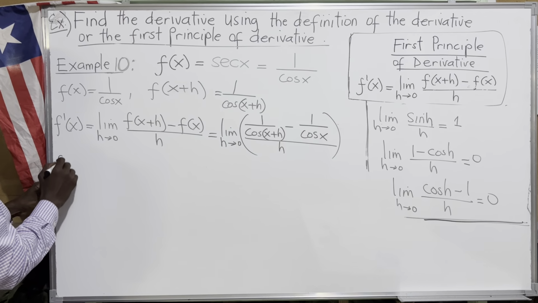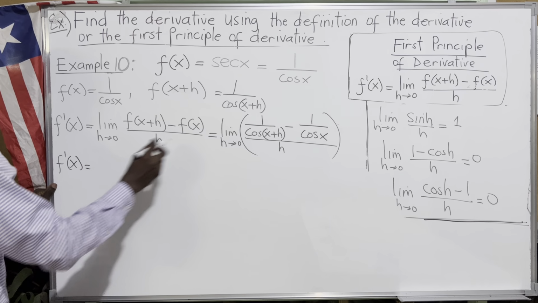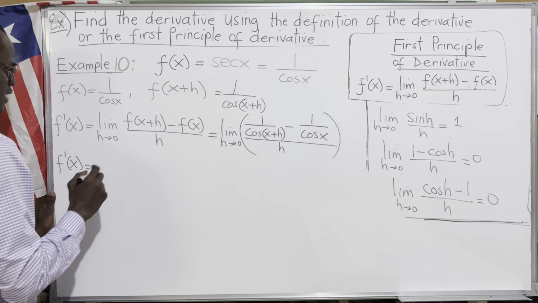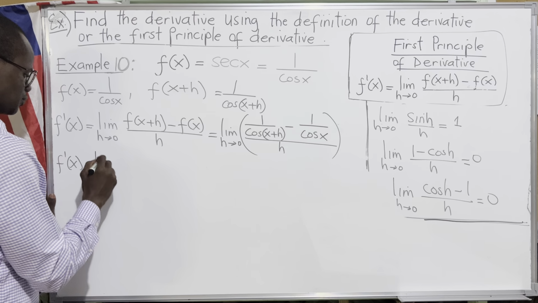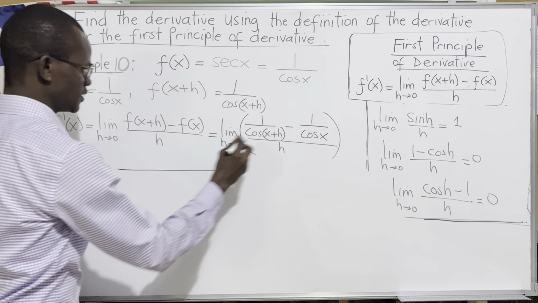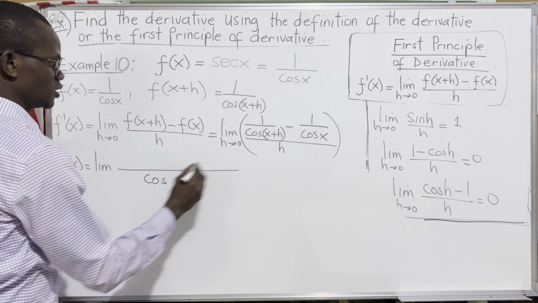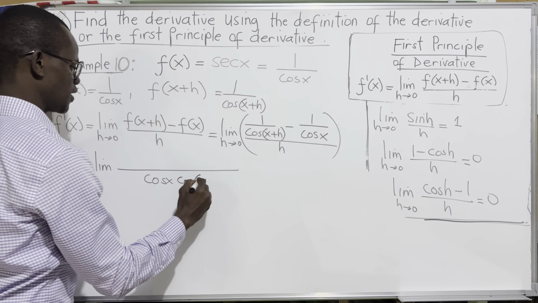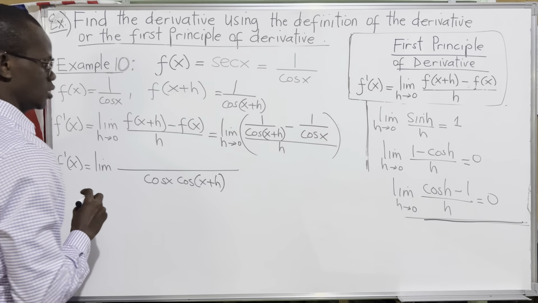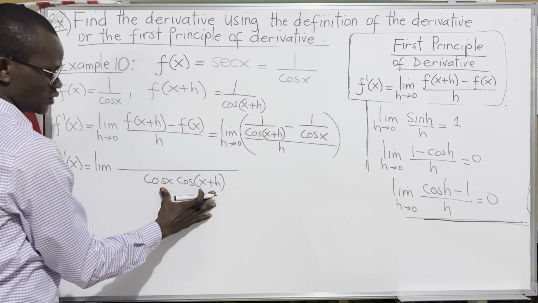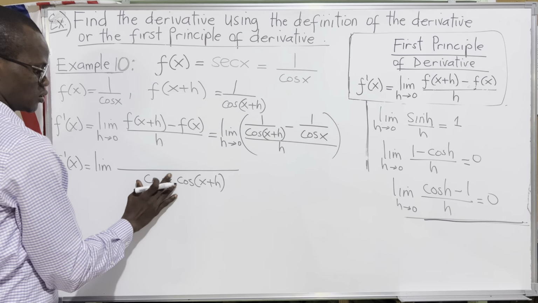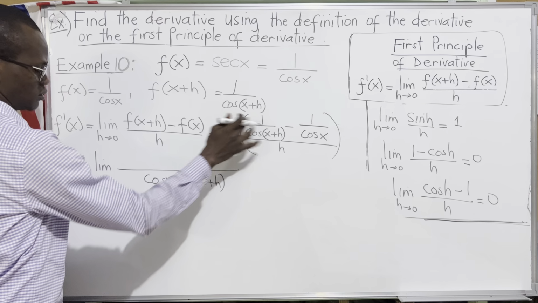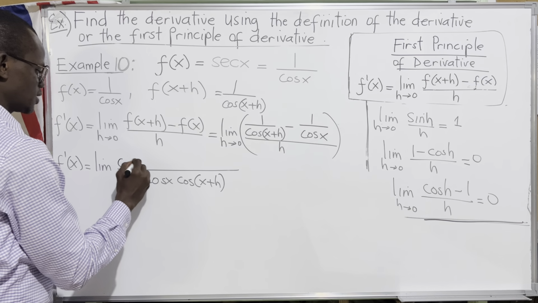So for f prime of x, we take the numerator expression and simplify it. We find the LCD, which is just the product of the two denominators, cos of x times cos of x plus h. So cos of x plus h into this one is just cos of x. You multiply it by 1, you will have cos of x.